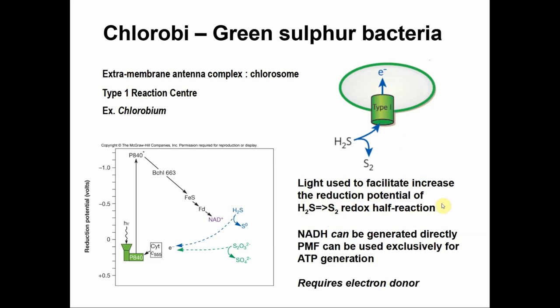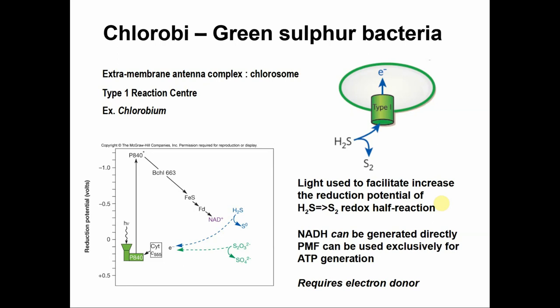Now, if you remember, one of the drawbacks for sulfur oxidizers among the chemolithoautotrophs was that the redox potential of oxidation of sulfide is not high enough to transfer electrons directly to NAD+.